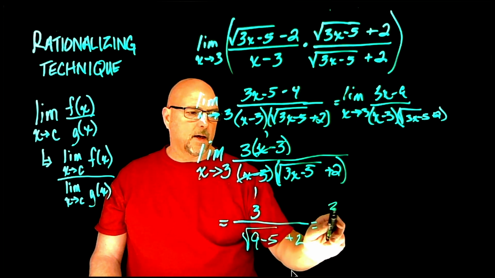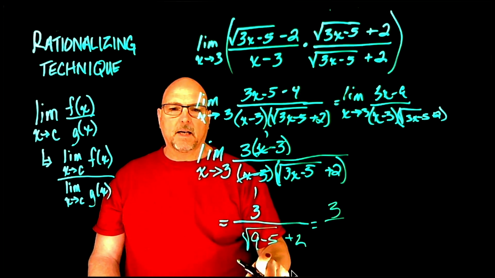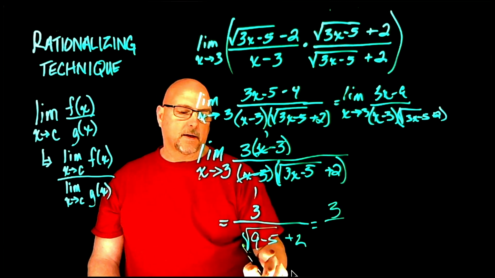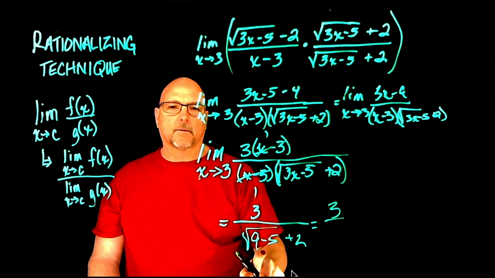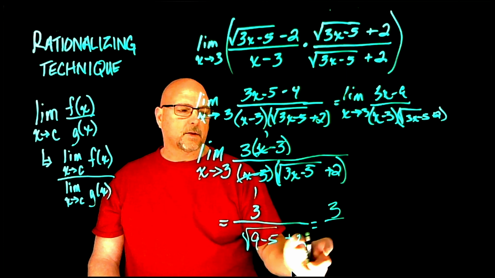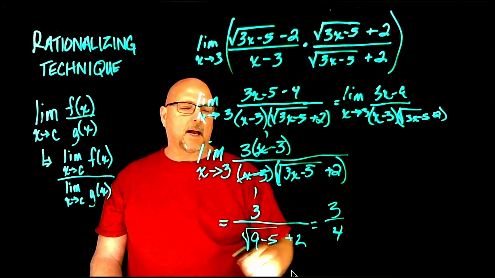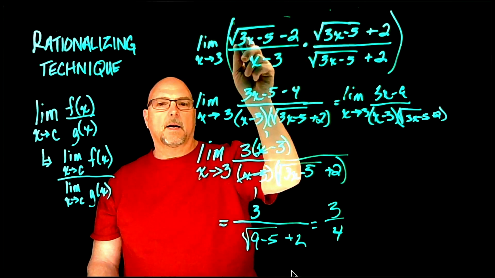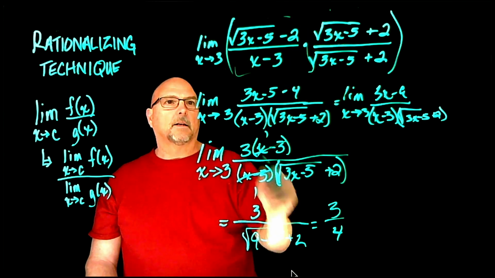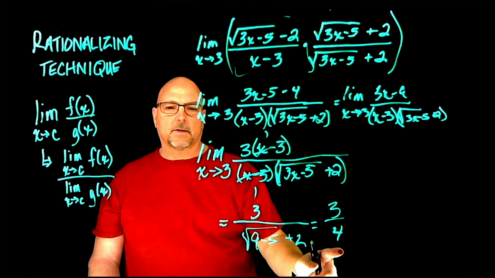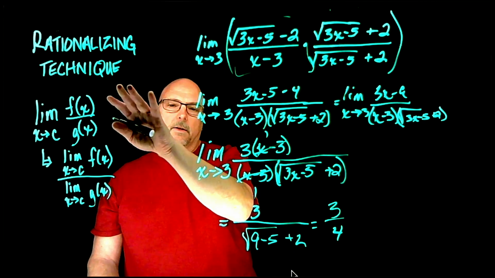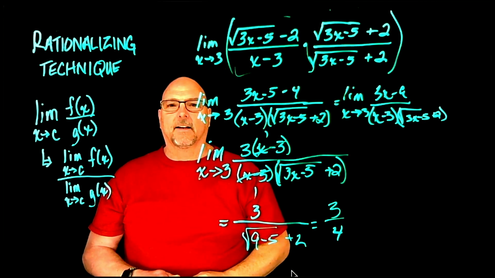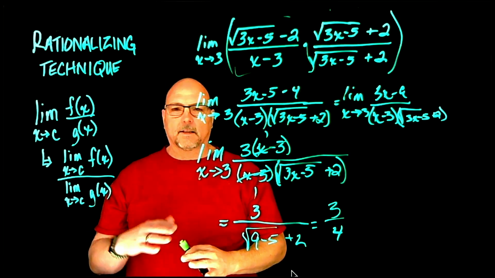So we'll just keep on going over here. 9 minus 5 is 4, and the square root of 4 is 2. 2 plus 2 gives us a 4. So the limit of this piece right here as x approaches 3 is 3/4. So that's called using the rationalizing technique.